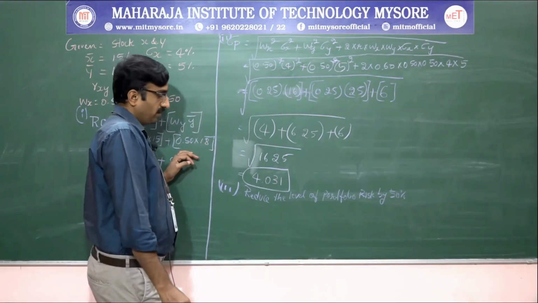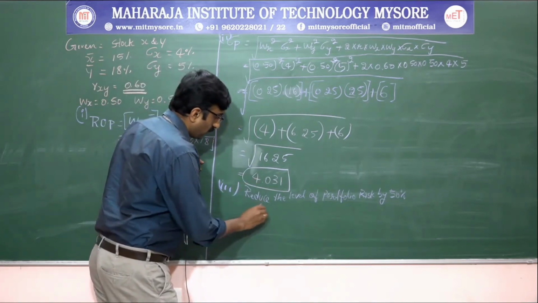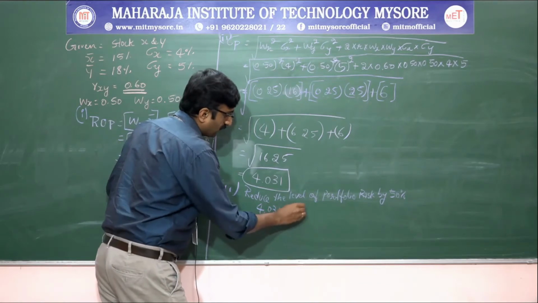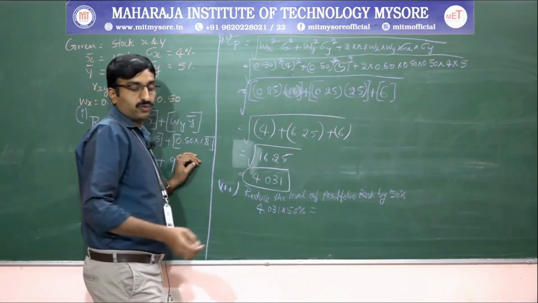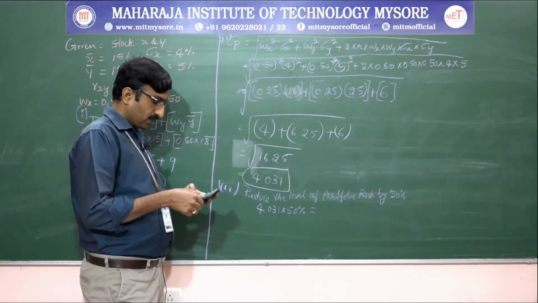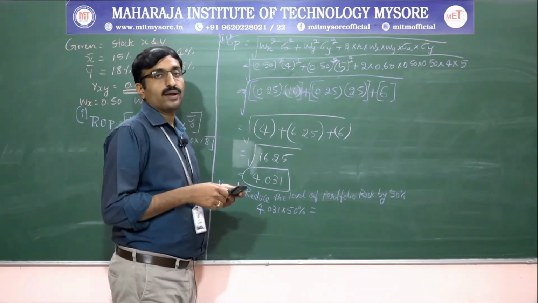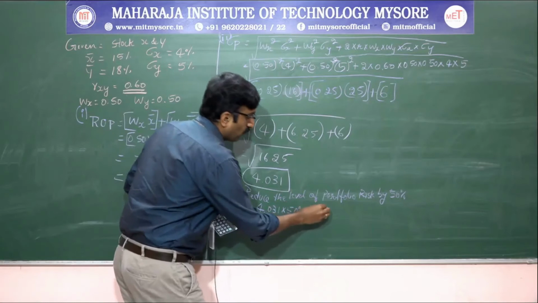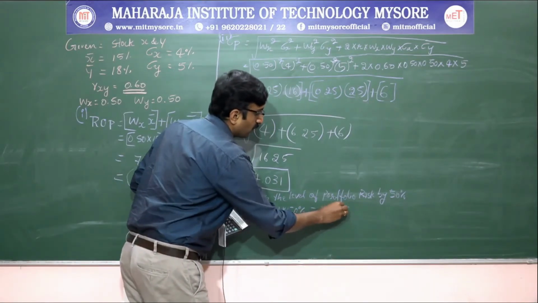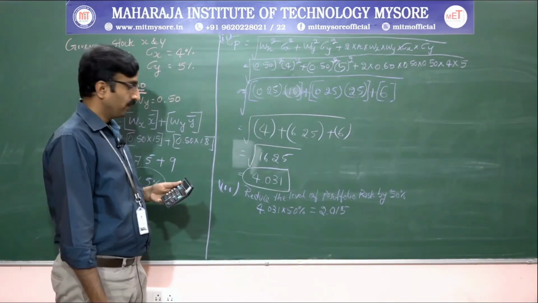If you take 50% of 4.031, you will get 2.015.